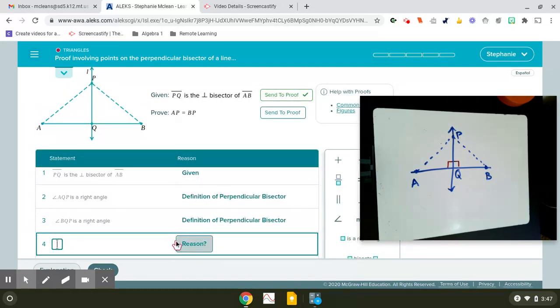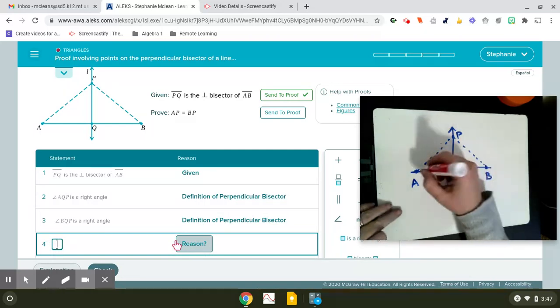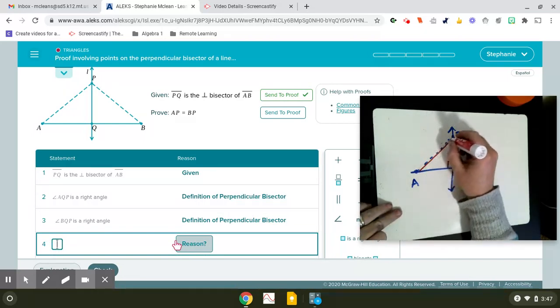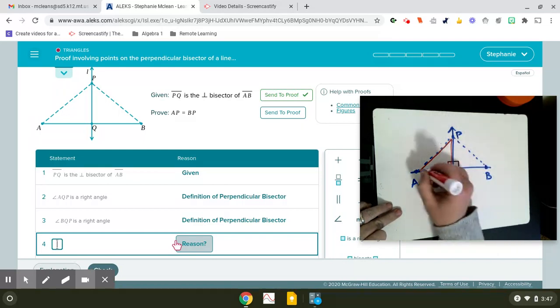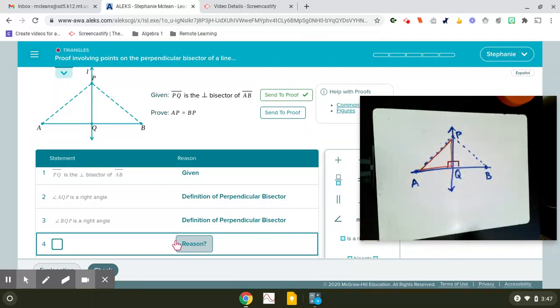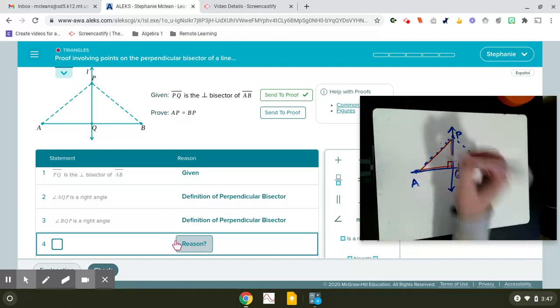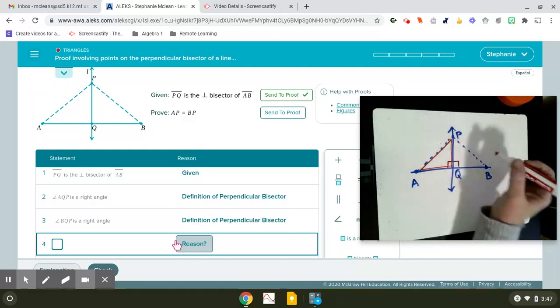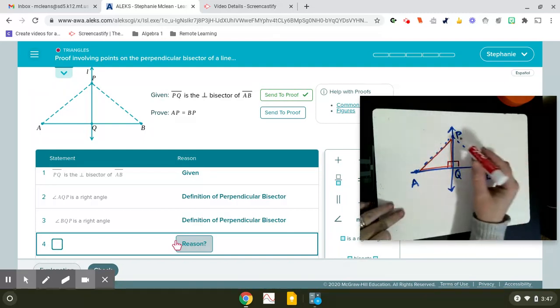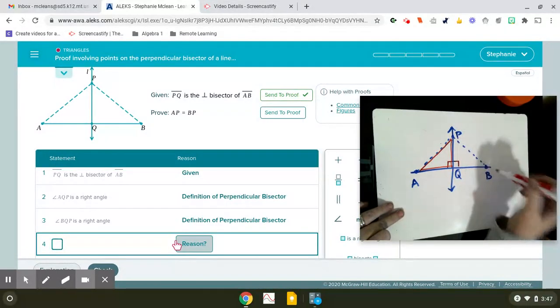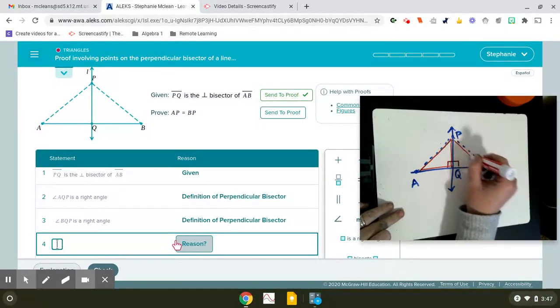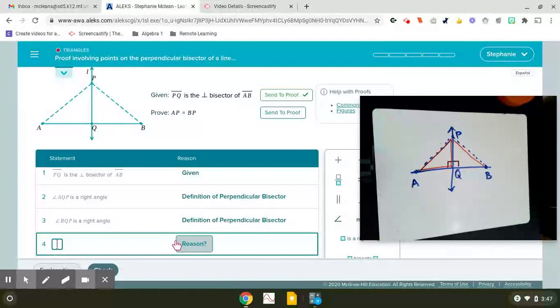Okay, so now what we're really trying to do is prove that these two triangles are congruent. If we can prove that these two triangles are congruent, then we can prove that AP equals PB. Okay, so we're trying to prove those two sides of the triangle are congruent.